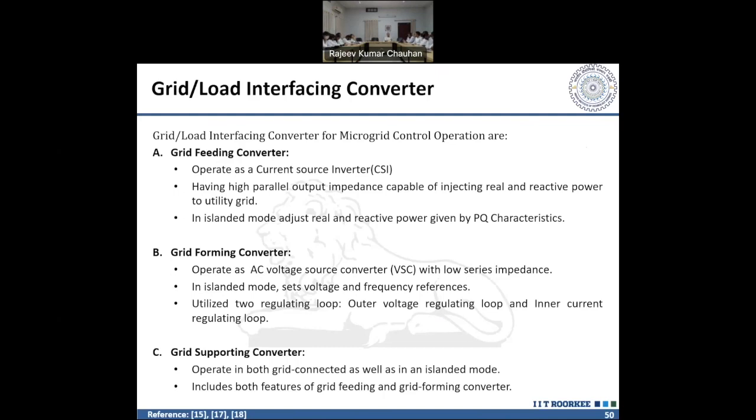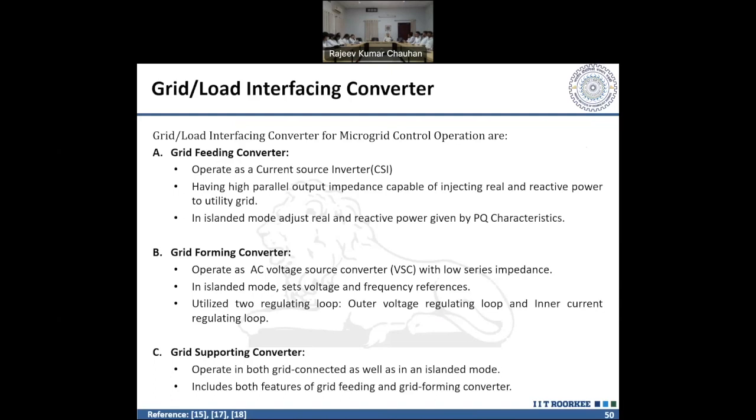Another is the grid forming converter. When I am isolated from the grid, now you require the voltage to be there. Initially, your voltage will be controlled by the grid. When you are in the islanded mode, now your inverters are deciding the voltage.